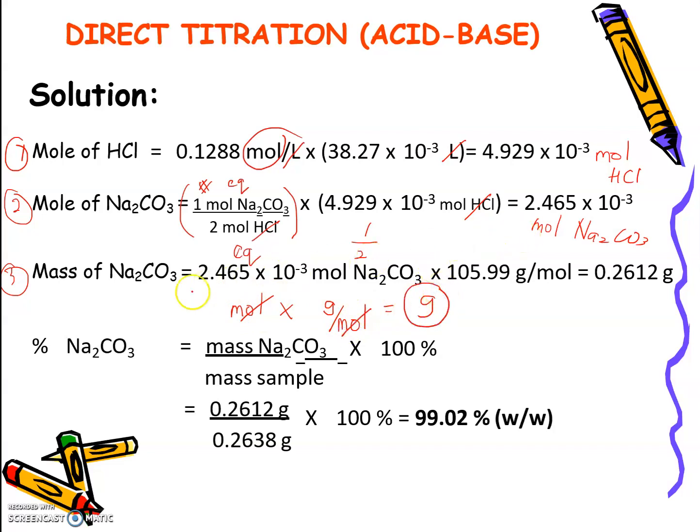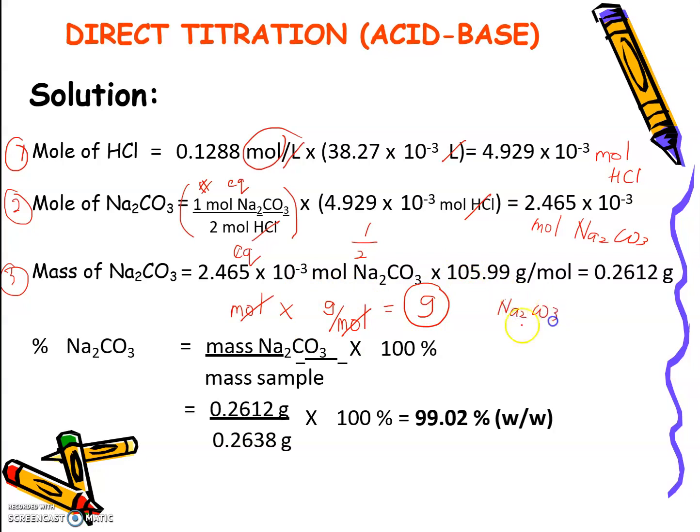Okay. For number 3 calculation, 2.465 exponent -3 mole sodium carbonate times molecular weight sodium carbonate, then you find gram. So before that you have to find the sodium carbonate molecular weight.